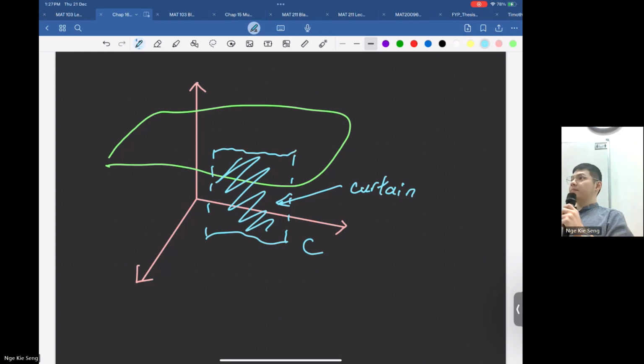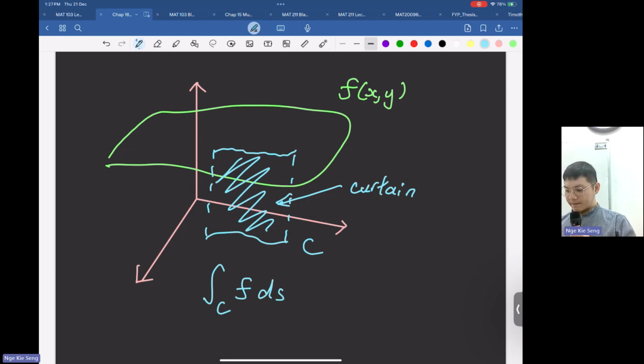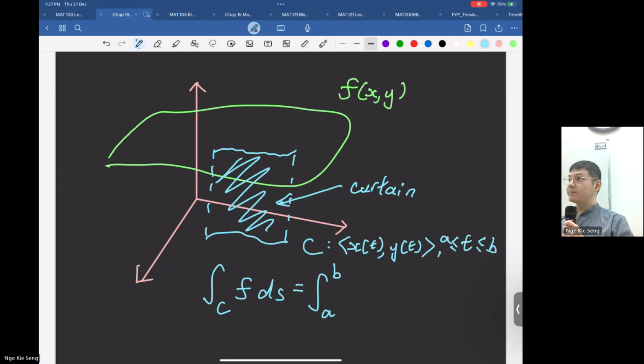This integral here we denote by the integral over C of my function f(x,y) ds. So what do we do? We parameterize our curve. We need to tell you what x(t) and y(t) are, and give the time interval from a to b, for example.